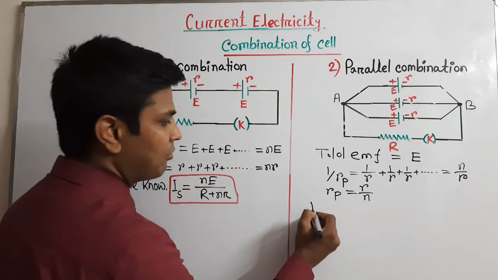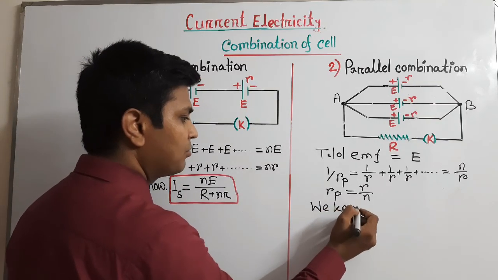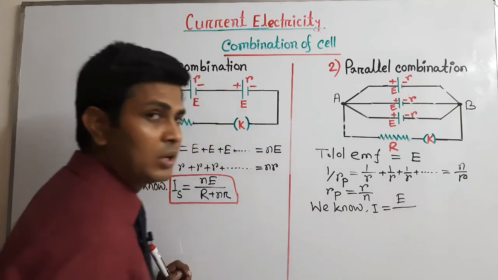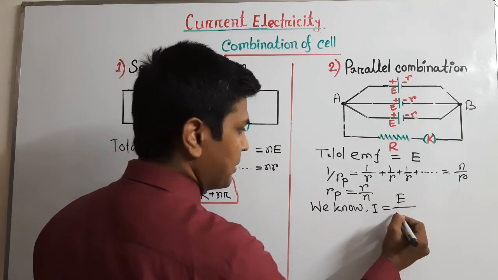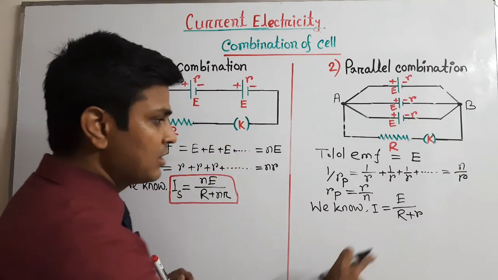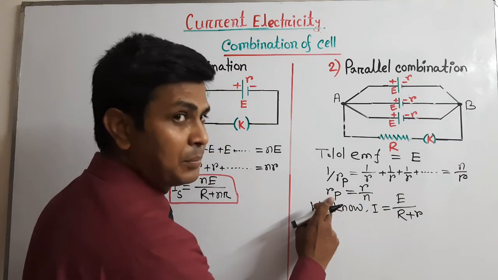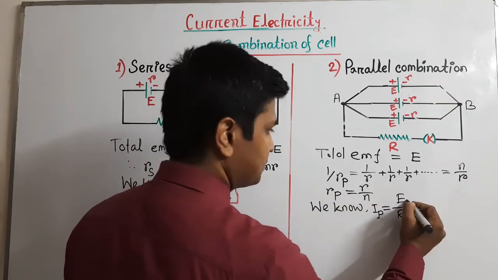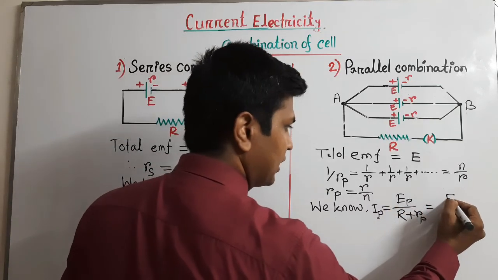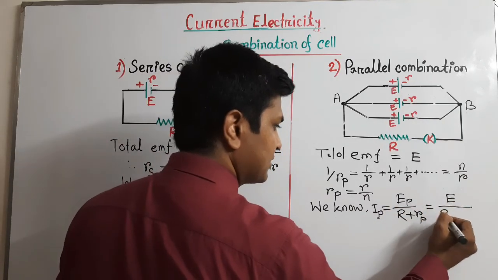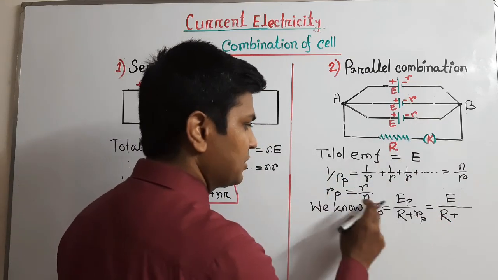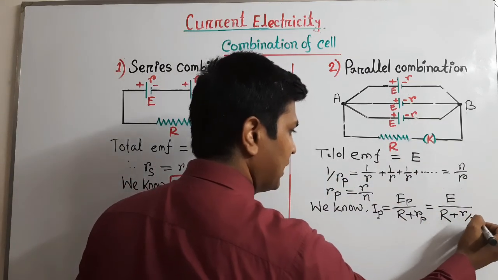Now we know the formula of current where internal resistance is included. The formula is I equals E divided by capital R plus small r. But here, in place of small r, we can write Rp, right? For the parallel circuit, the total electromotive force is E, and the resistance is capital R. This is the external resistance, and in place of Rp, we can write small r divided by n.